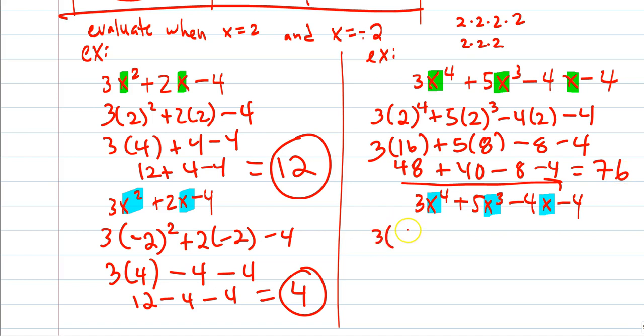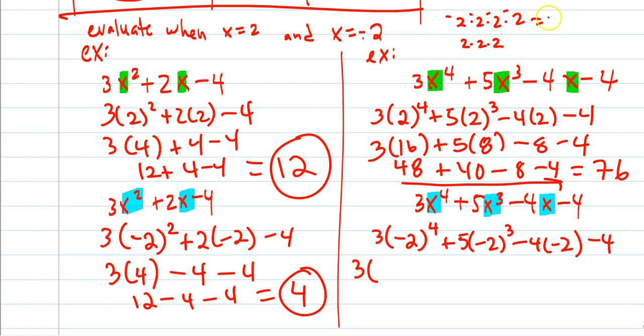3 times, if it's negative 2 to the 4th, 5 times negative 2 to the 3rd, minus 4 times negative 2 minus 4. 3 times. If I have 4 negative 2's, the 4 negatives would still make that a positive 16. Plus 5 times.